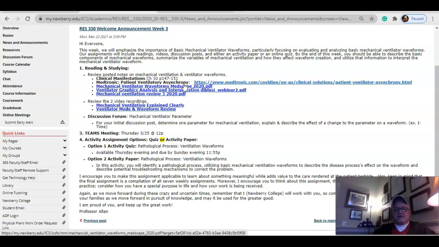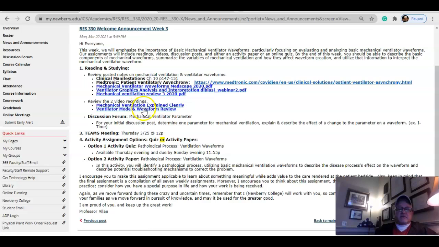I'm looking at the possibilities of maybe incorporating this as a quiz in the future, but you can go to that link and gain some information that we're going to be looking at and talking about on our Teams meeting. There's also a mechanical ventilator waveform PDF, vent graphics interpretation PDF, and a mechanical ventilation review PDF.